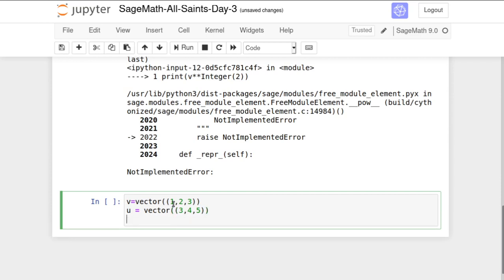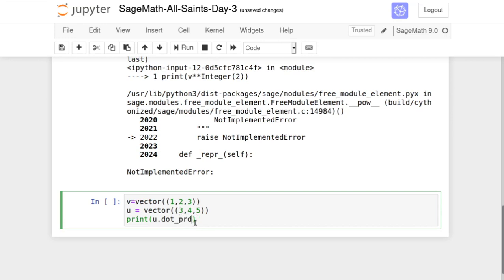Suppose that I take print U dot product. I'm not getting the command. Why is it not?